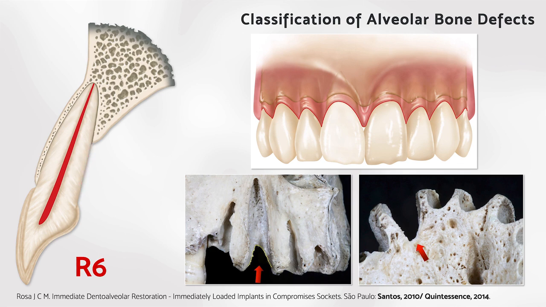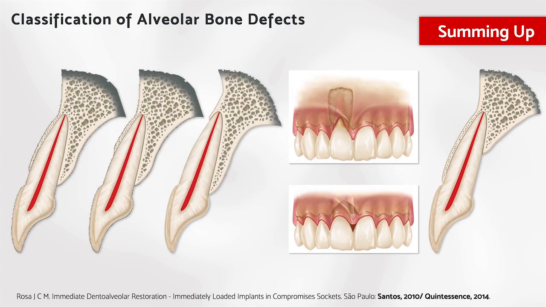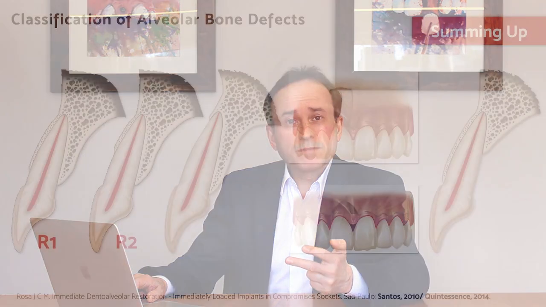If we have a defect at the palatal aspect, regardless of the extension or the length of the defect, we consider type R6. Let's sum up this classification of alveolar bone defects. R1, when the defect is placed at the cervical third of the root. R2, at the middle third of the root.